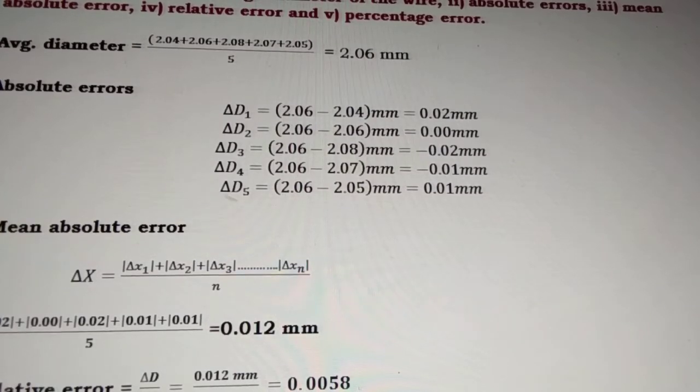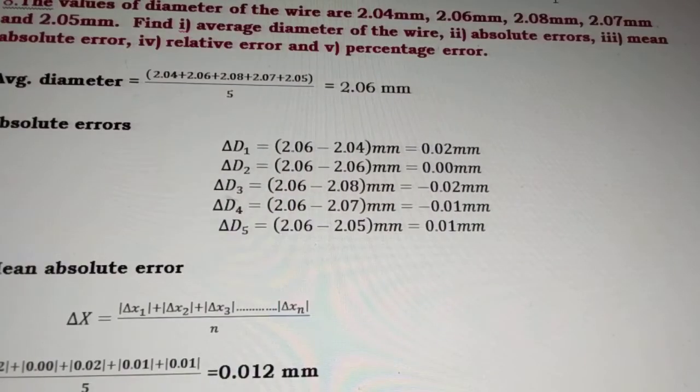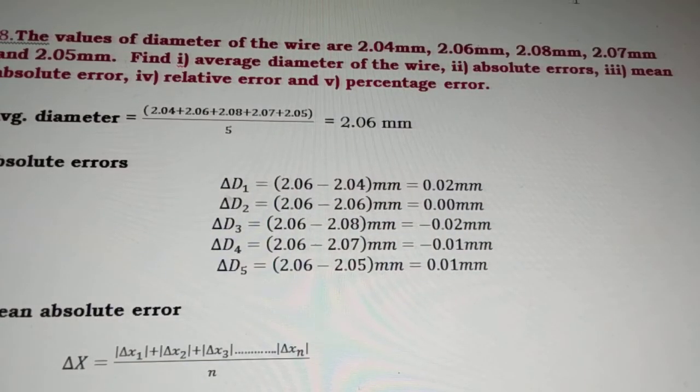The values of the diameter of a wire are measured as 2.04 millimeter the first time, second time it is 2.06 millimeter, 2.08 millimeter, 2.07 millimeter and 2.05 millimeter.